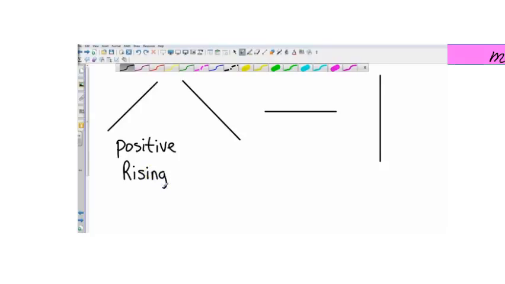This one would be negative, and falling. This one has a slope of 0, and it's neither rising nor falling.